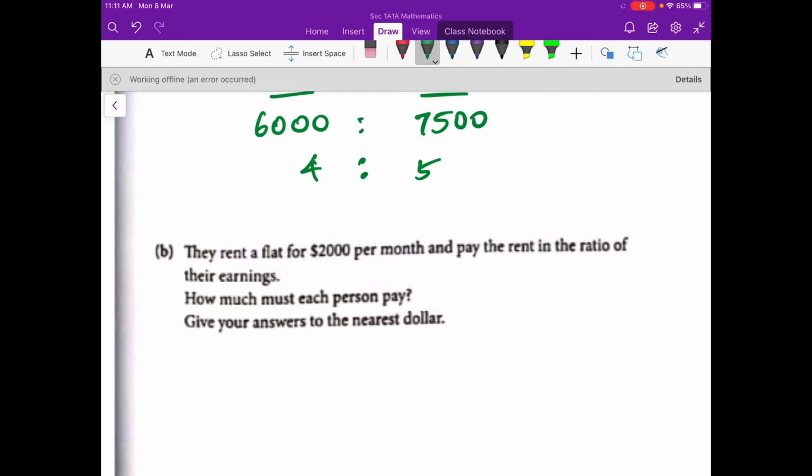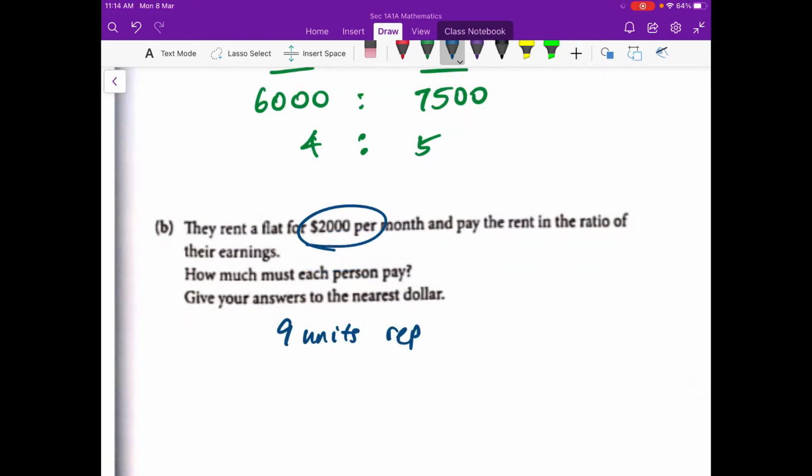So right now, they want to have that kind of agreement. $2,000 per month is the total. How many units is going to represent the $2,000? 9. Again, I did not draw the arrow.